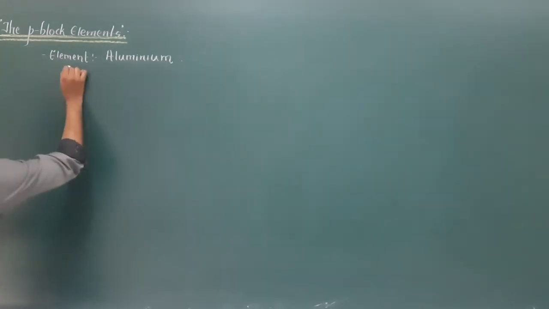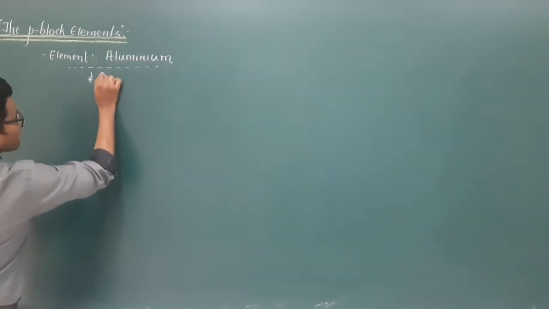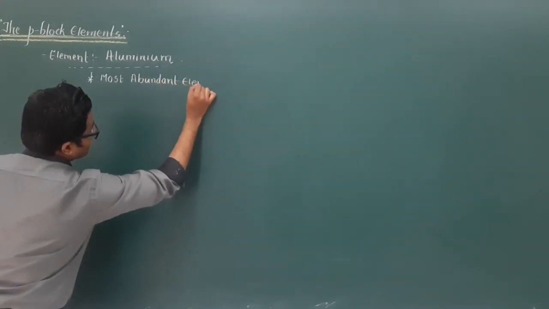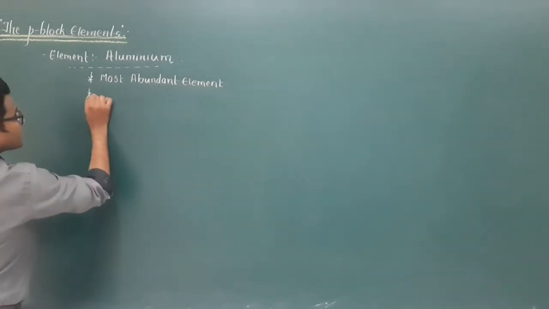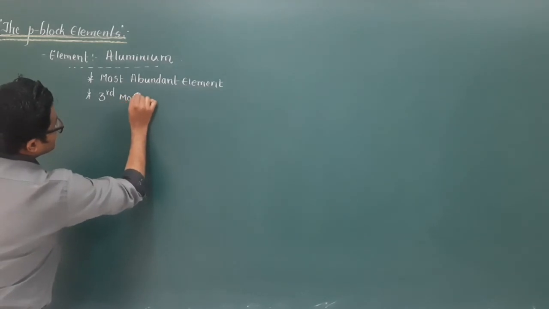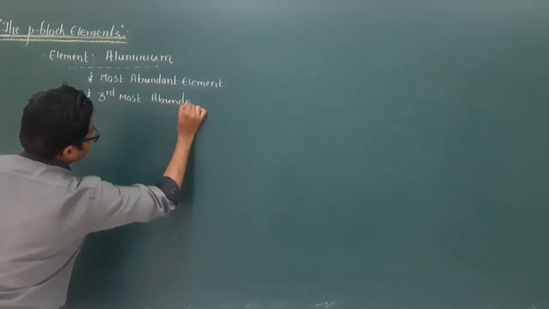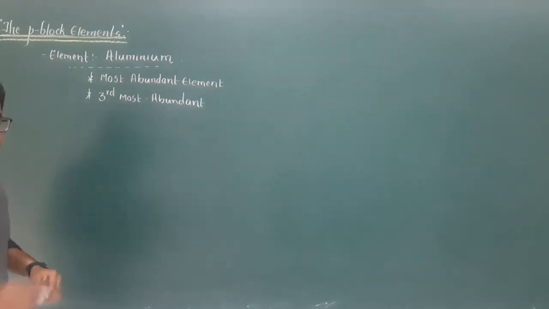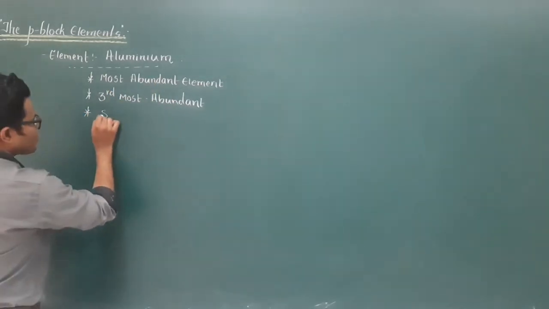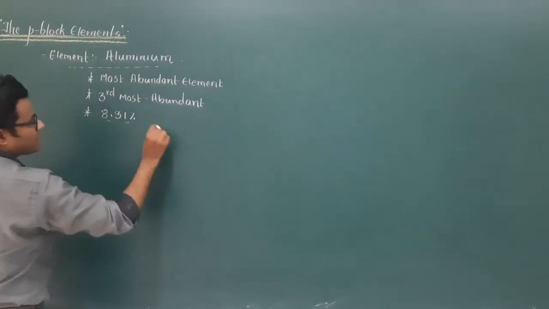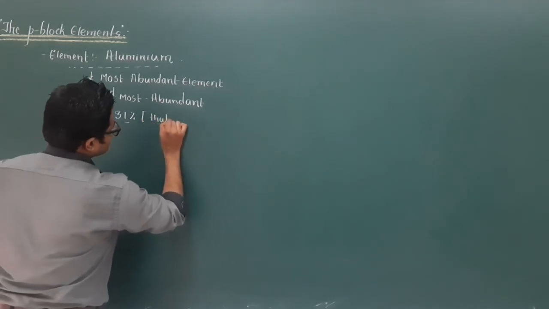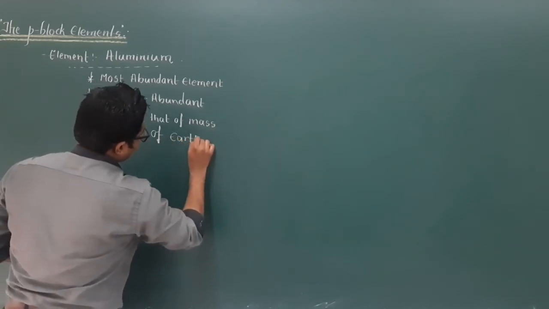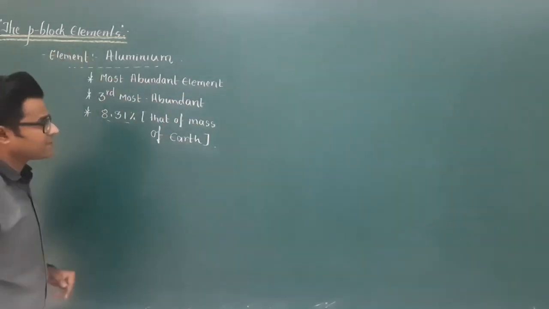Aluminium is the third most abundant element in nature, standing after oxygen and silicon. It makes up almost 8.31% of the mass of Earth. So that is all about the element aluminium.